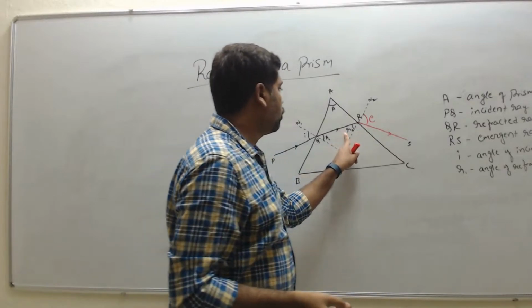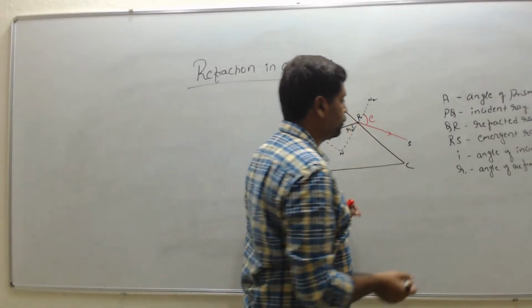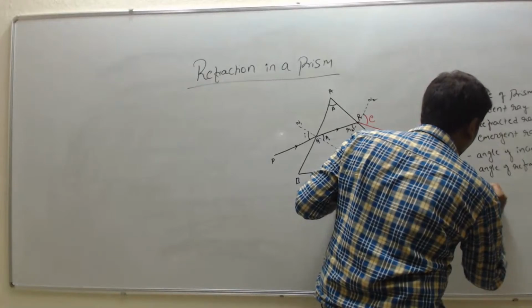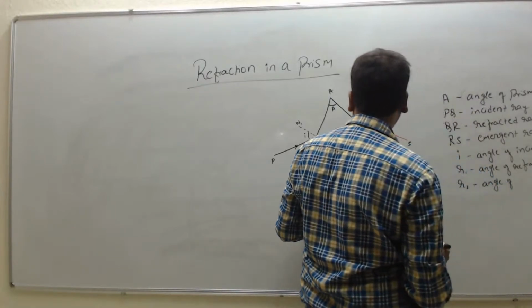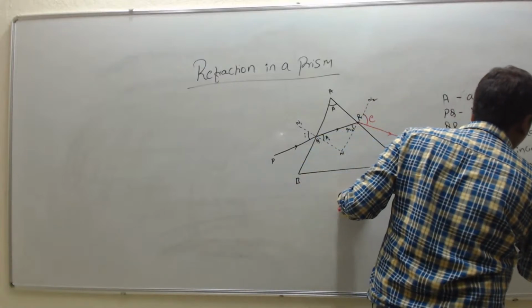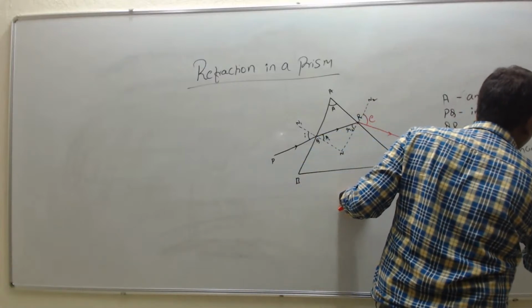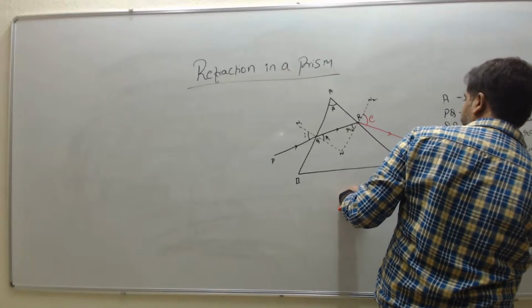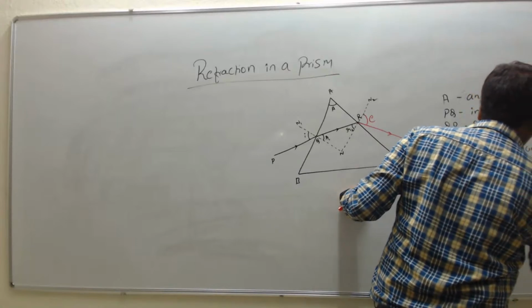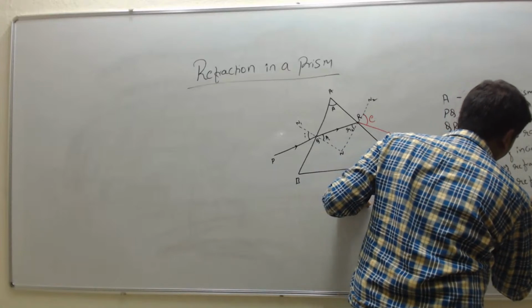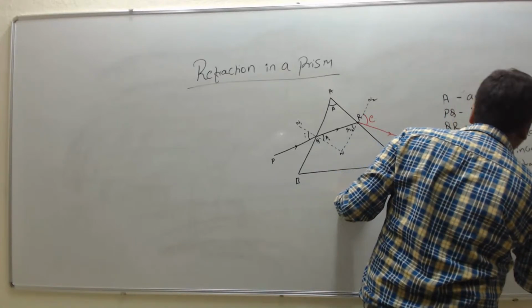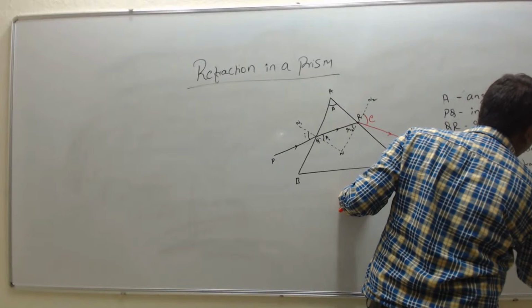So R2 acts as the angle of refraction at AC, and E is the emergent angle.